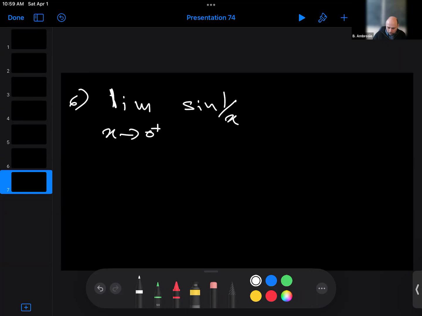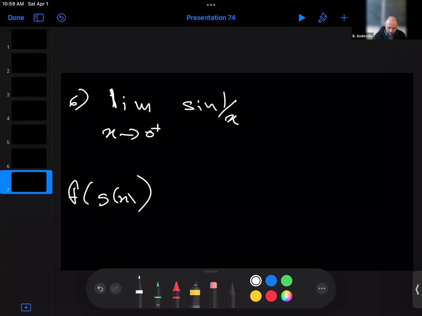First of all, when I have two functions, f of g of x, and I look at the limit when x goes to 0 plus of f of g of x, I will look at the limit of g of x, and then if it's okay, I look at f of g of x.